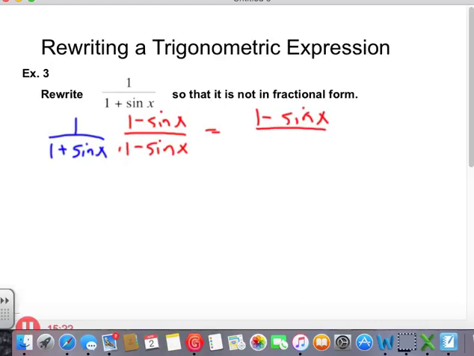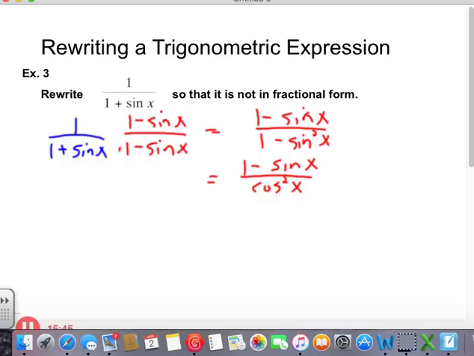On the bottom, 1 times 1 is 1, and then the minus sine x times positive sine x is minus sine squared of x. Now I can use my Pythagorean identity that 1 minus sine squared is cosine squared. All right, so now I have it written over just one thing in the denominator.